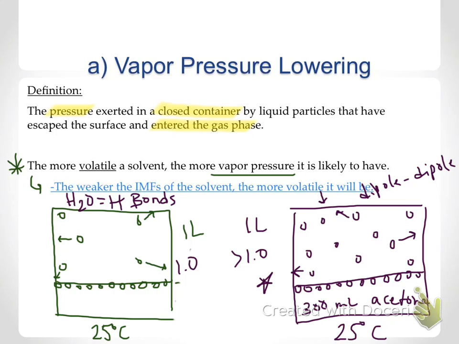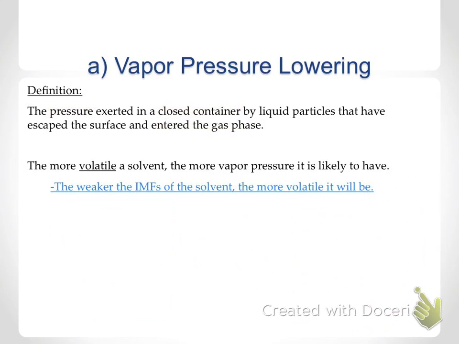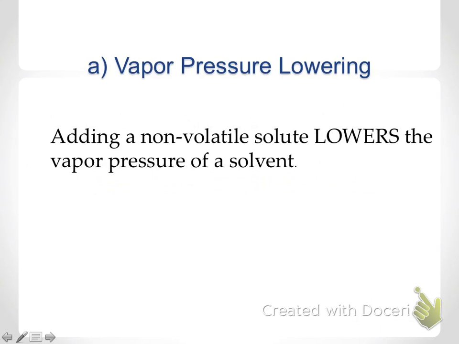So it turns out when you take these solvents and you dissolve something in them, that's a colligative property. When you add a non-volatile solute, non-volatile meaning does not become a gas, and we're going to assume that all our solutes are not volatile, that is going to lower the vapor pressure of a solvent.